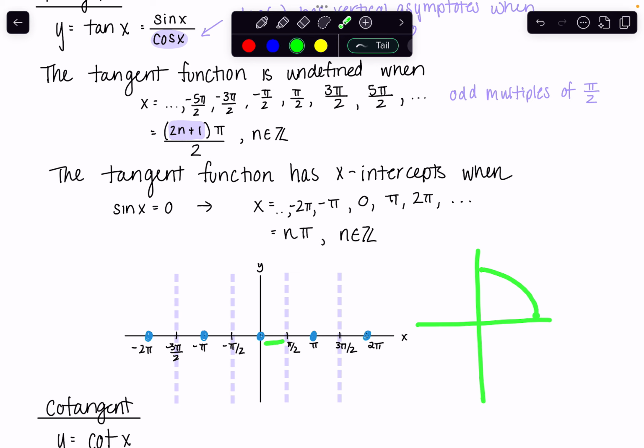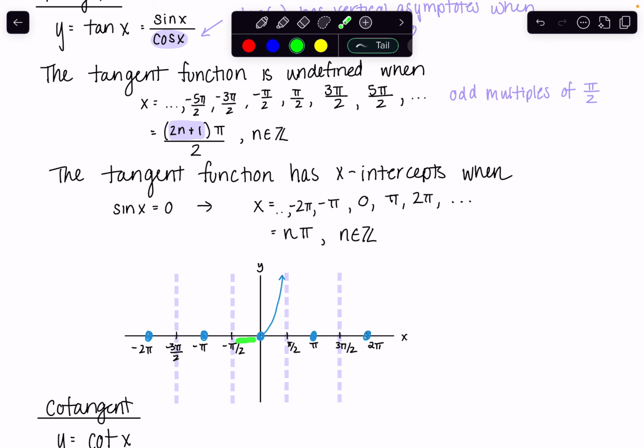Tangent is positive here. As your angle gets close to pi over 2, your sine value is close to 1 and your cosine is close to 0. So you're going to get something close to 1 divided by something very, very small. It's going to blow up to infinity. So tangent is positive in quadrant 1, and it will blow upwards to infinity.